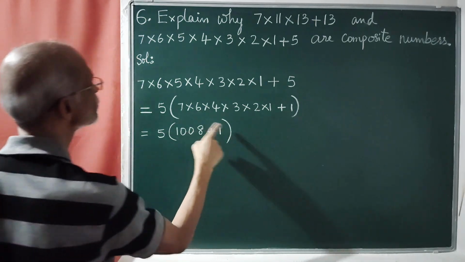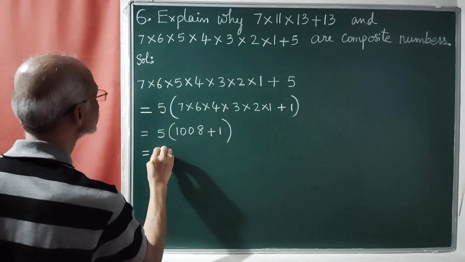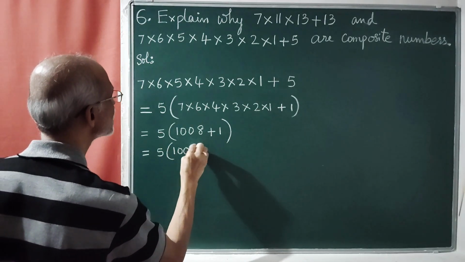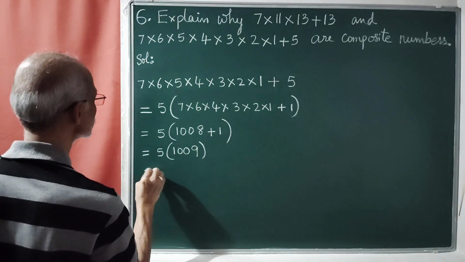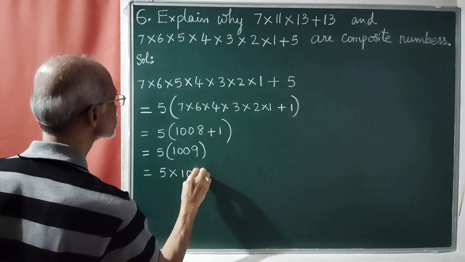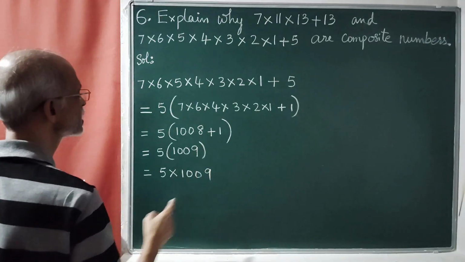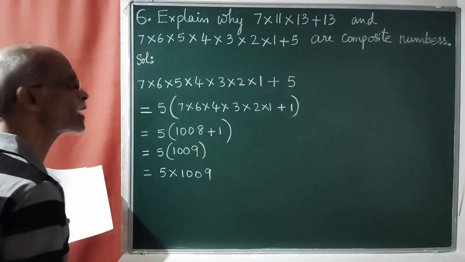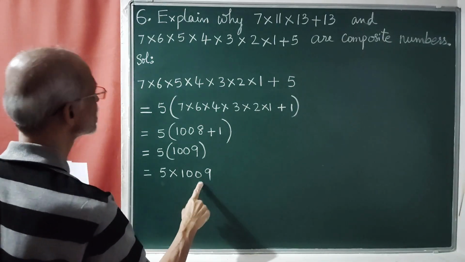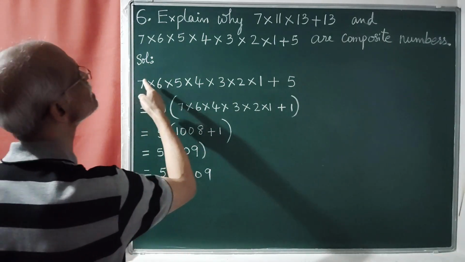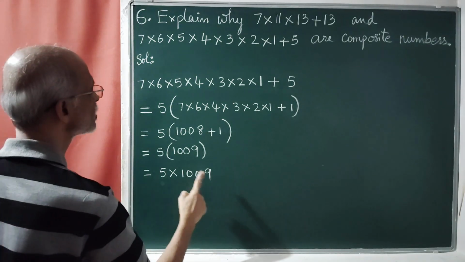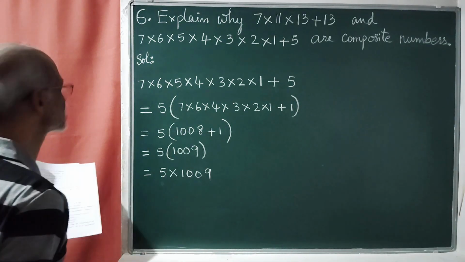Now, if I add it, 5 into 1009. So we can write it as 5 into 1009. Here 1009 is also a prime number. So now 5 is a prime number, and 1009 is also a prime number. Now this number could be expressed as a product of prime numbers. Therefore it's a composite number.